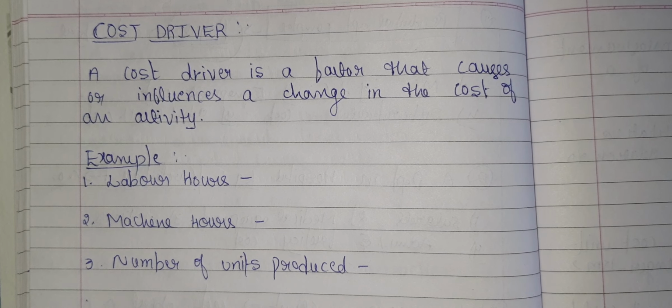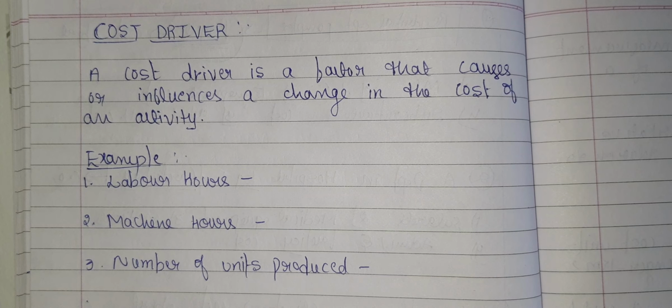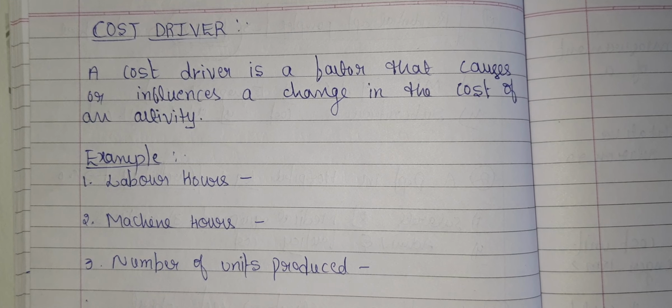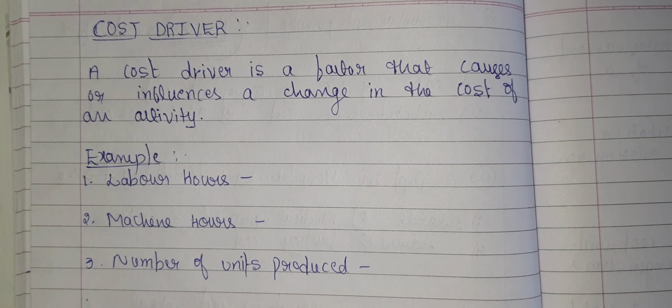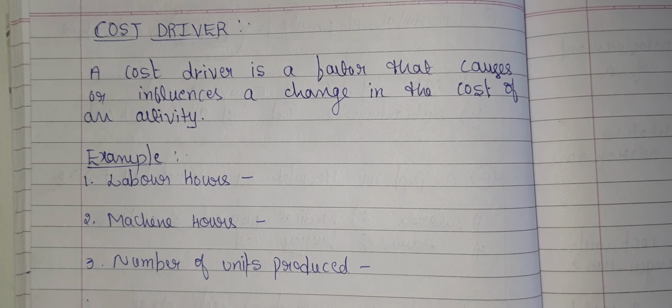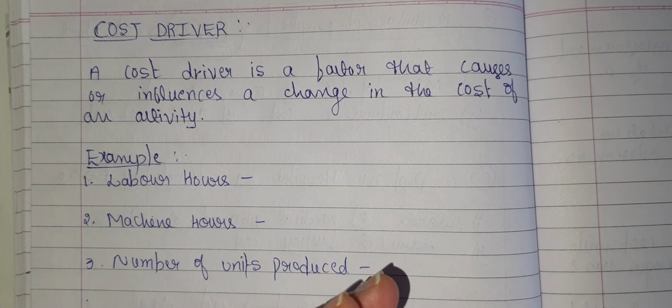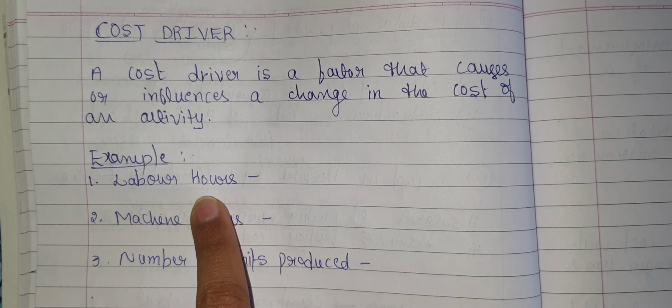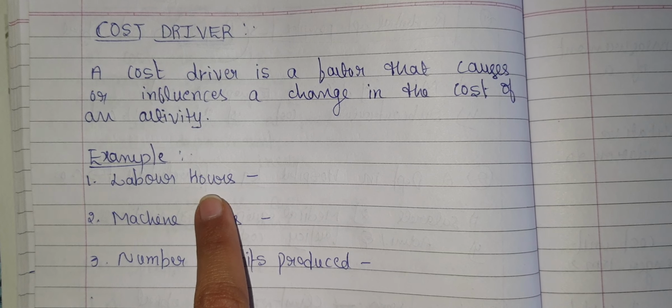In labor hours, wages increase as more hours are worked. It means if a worker works more hours, then his wages will also increase. So labor hour is a cost driver.